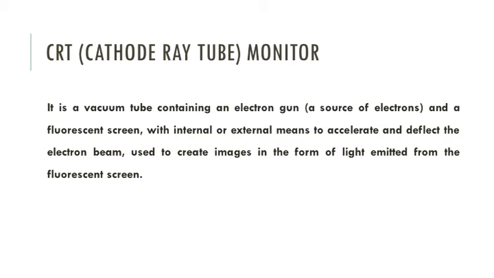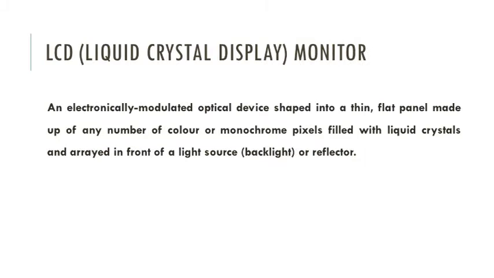Then we have some cons of the CRT as well as the LCD monitor. So the first one is regarding the CRT monitor, in which large size and weight, then high power consumption, then geometric distortion in non-flat CRTs, then older CRTs are prone to screen burn-in, and finally it produces noticeable flicker at low refresh rates.